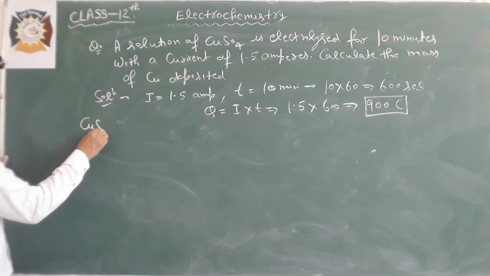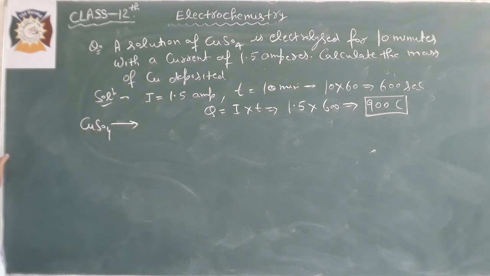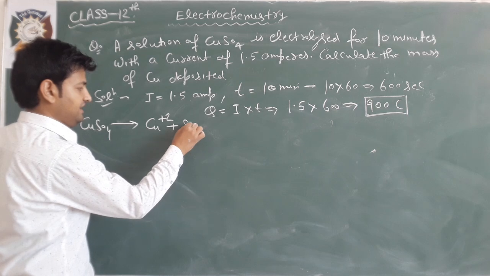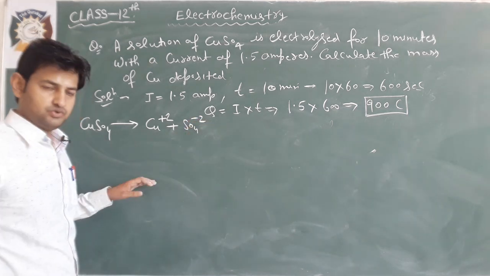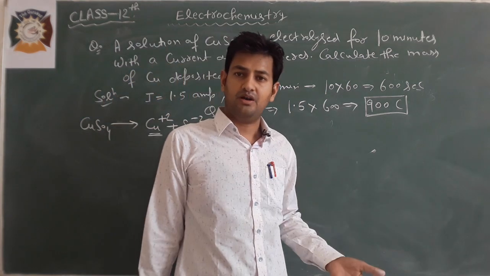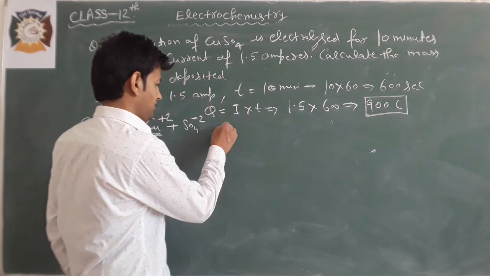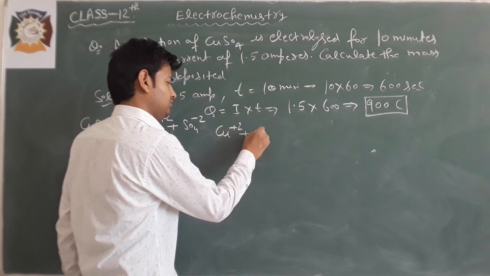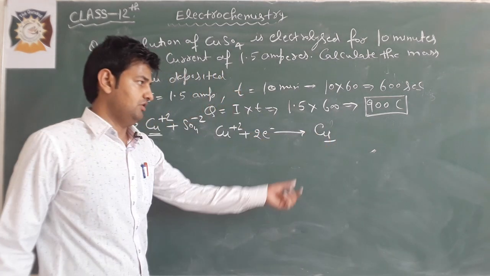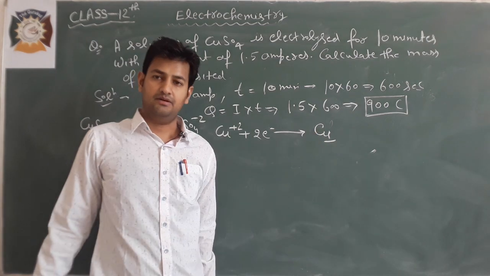We know that copper sulfate, when current is passed, will dissociate into Cu2+ and SO4 2-. So for the deposition of copper from Cu2+, 2 electrons are required for the deposition of one atom.